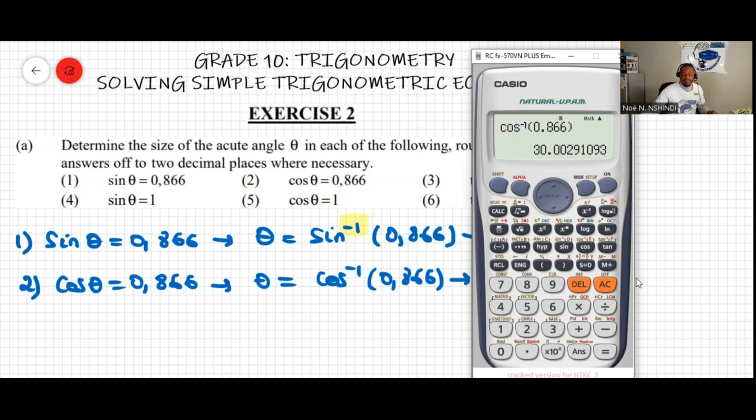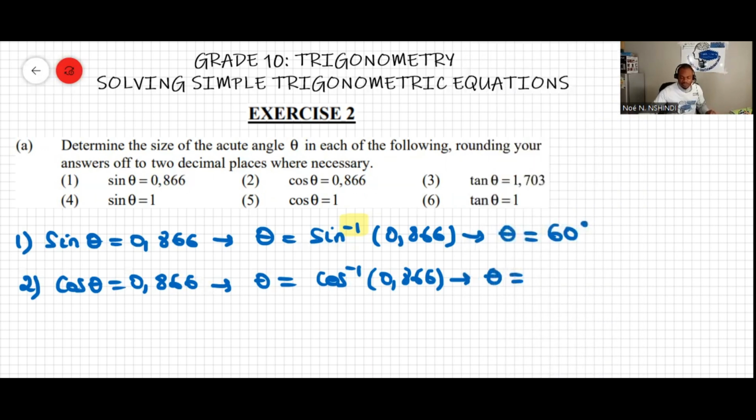That gives 30. Because we round to 2 decimal places, I look at the third decimal value, which is 2, less than 5, so we drop the remaining digits. These are 0, so the answer is just 30. So theta is equal to 30 degrees.